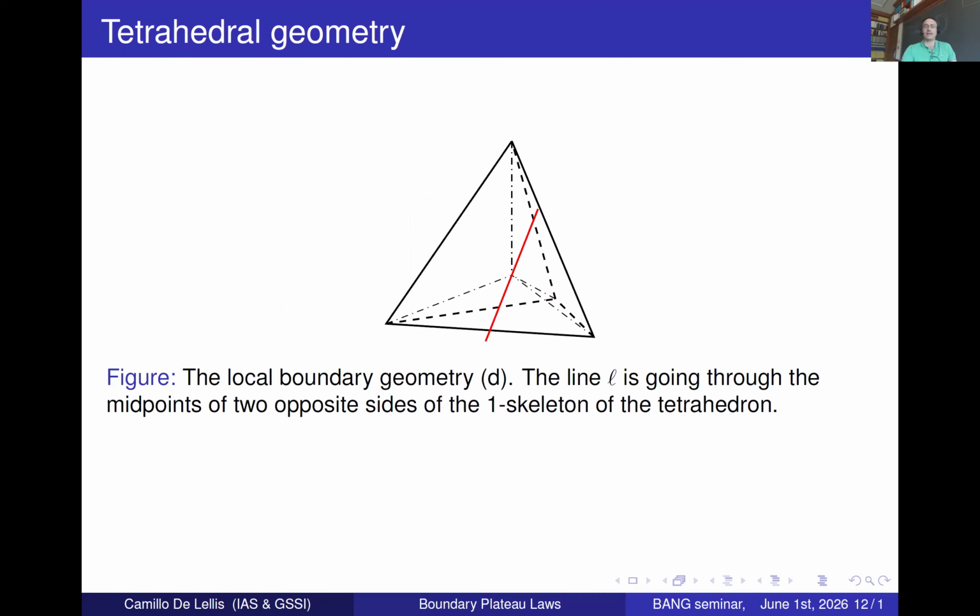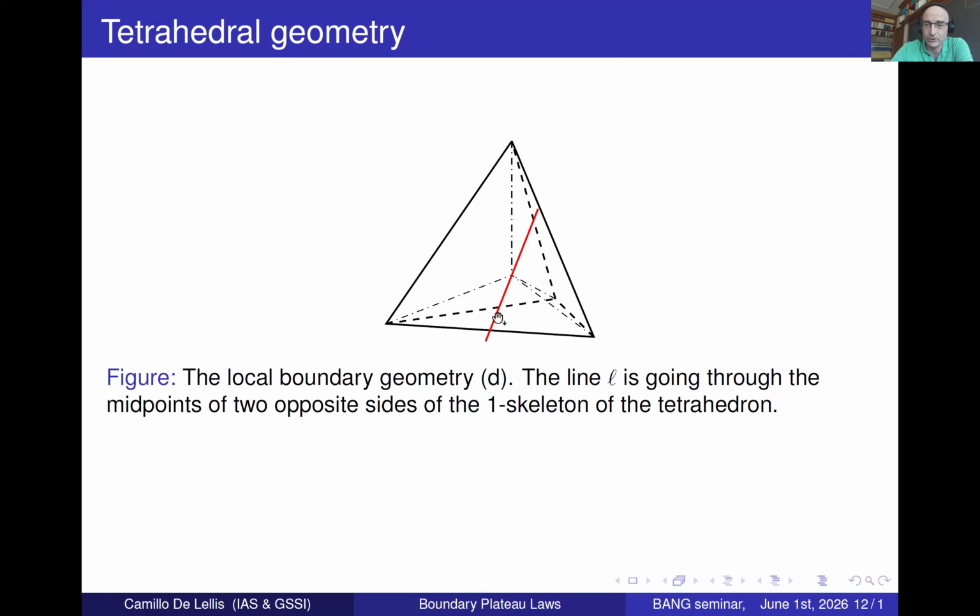Another thing which is easy to figure out is that if you actually take the tetrahedron, so the one-dimensional skeleton, the cone over the one-dimensional skeleton of the tetrahedron, it contains lines. It contains exactly 3 lines passing through the central point.